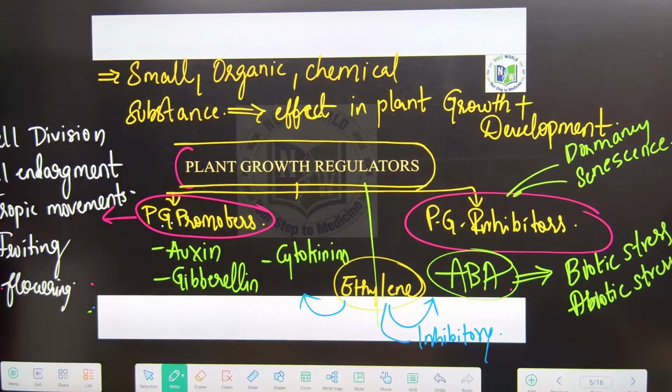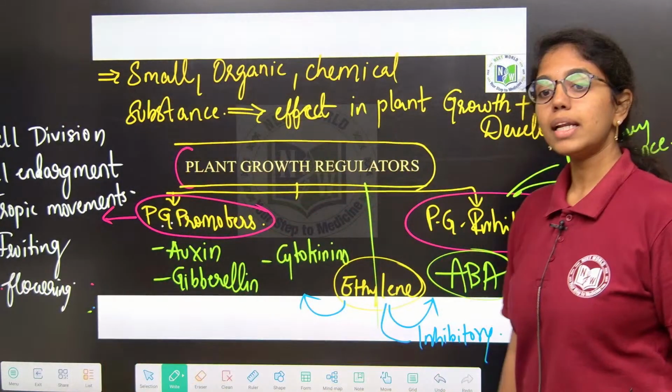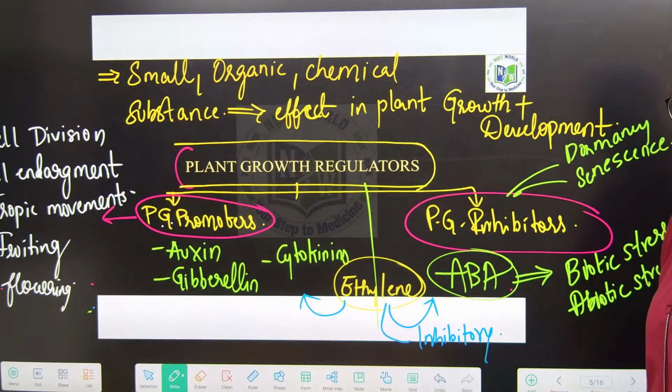Clear? That is a direct NCERT line. Most of the ethylene activities are what? Inhibitory. So is it an inhibitor or? It is both an inhibitor and promoter. Done? Take down quickly.